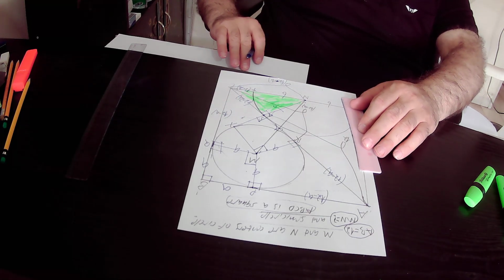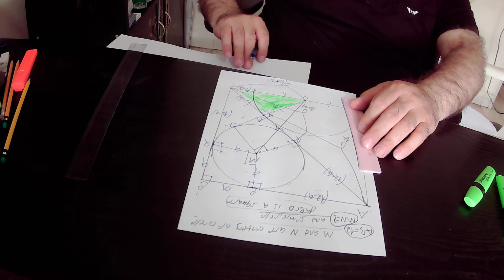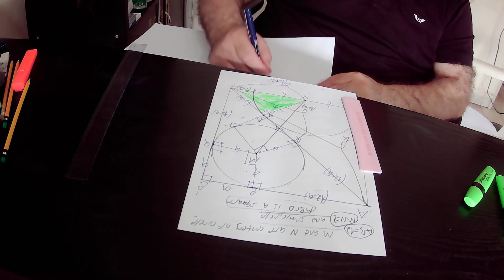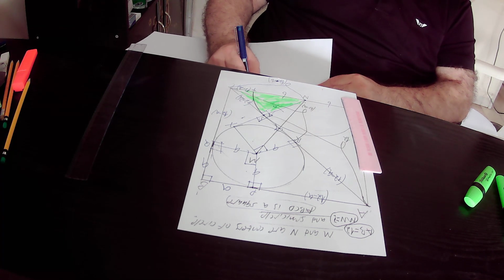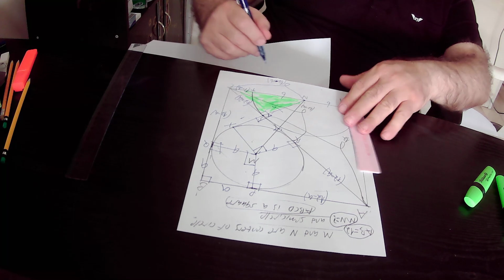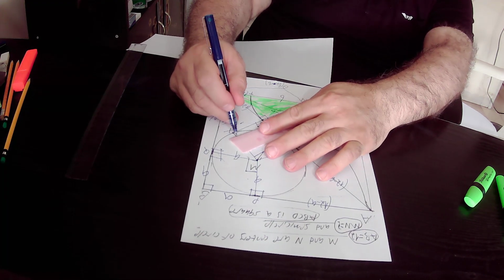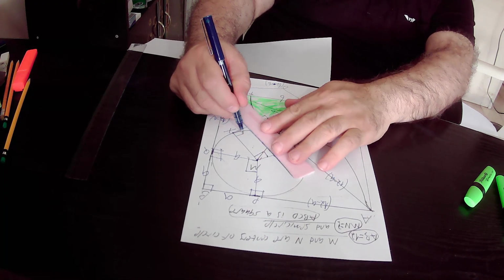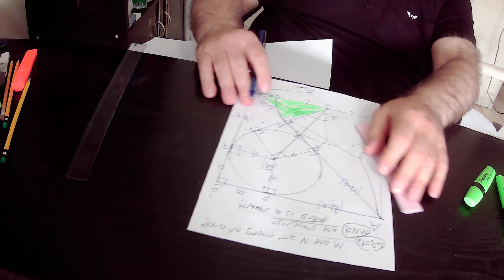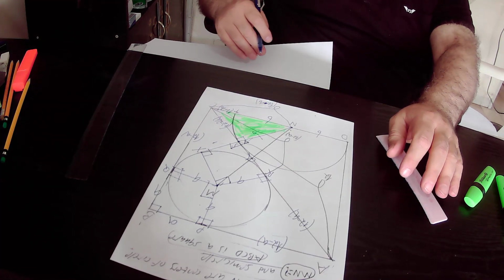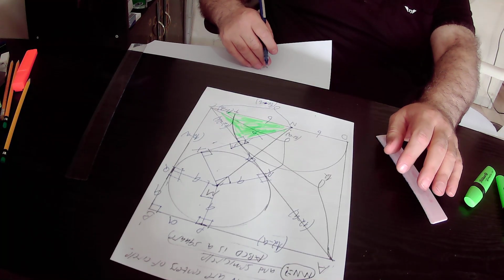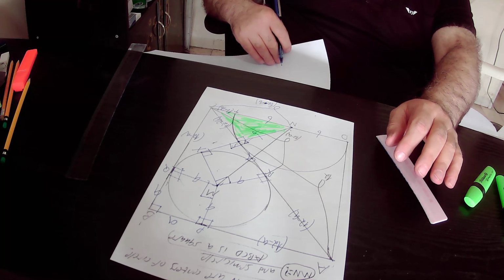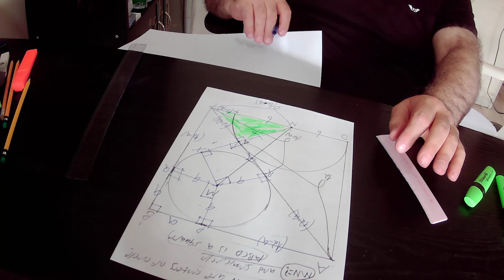So this angle is the right angle. So we actually found out that quadrilateral RMSX has four right angles, and any quadrilateral that has four right angles must be at least a rectangle.